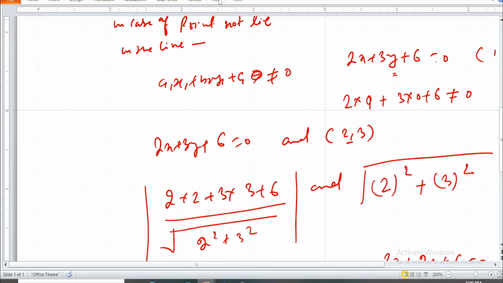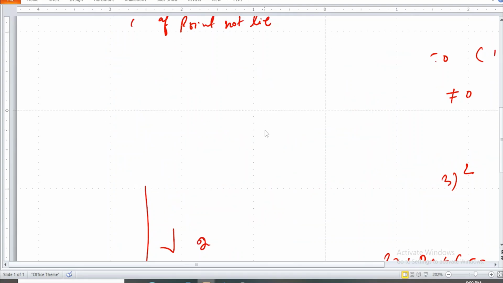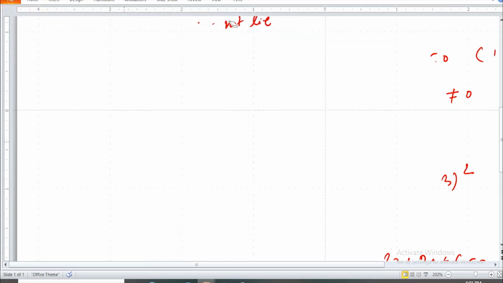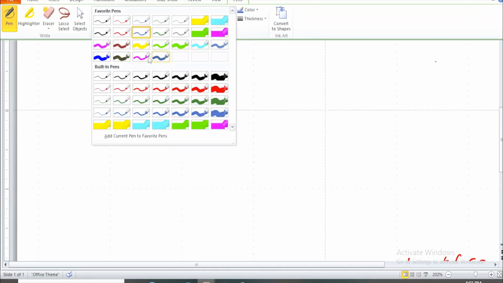So we can create several questions on this article.